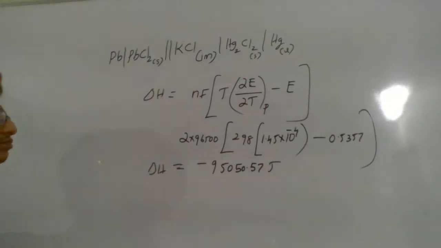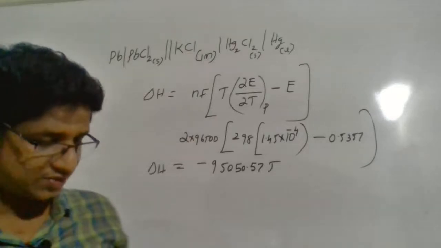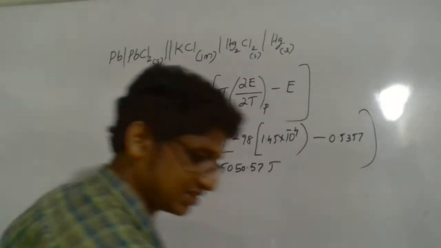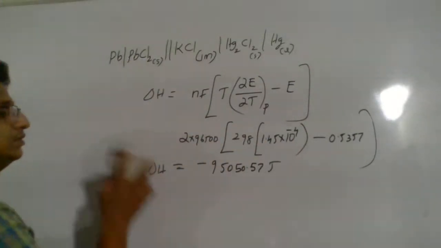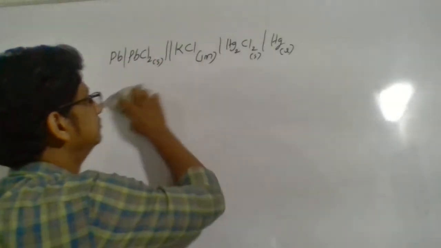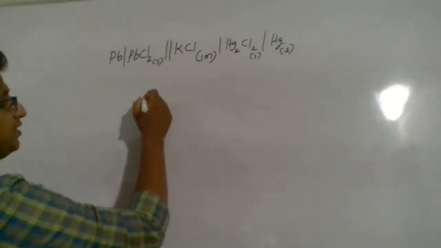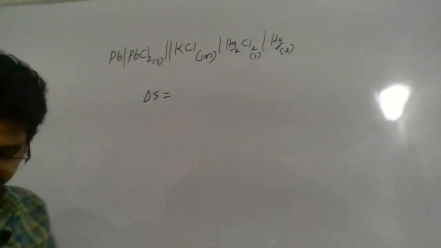So we have delta G and delta H. Now let us find delta S. The equation for delta S was also derived in the previous class.